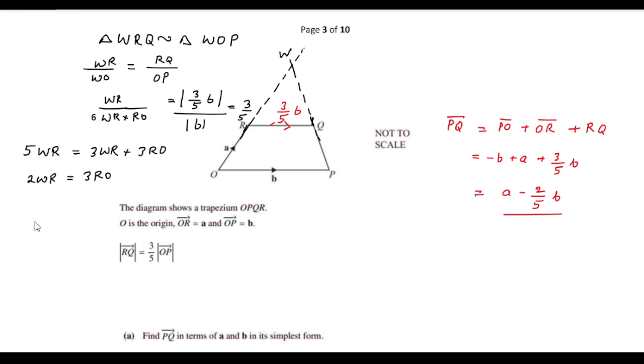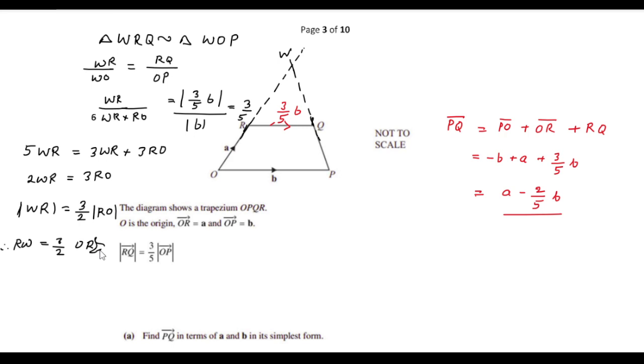We can say that the magnitude of WR will be equal to 3 divided by 2 times RO. So this is the relation between the lengths. Now similarly I can say that this vector RW will be equal to 3 by 2 times vector OR.